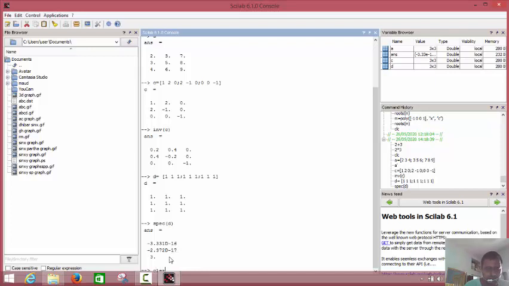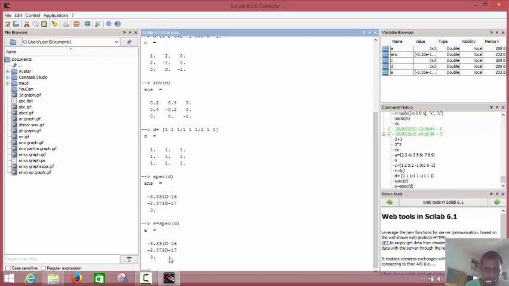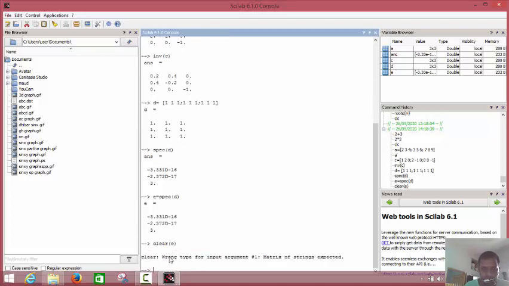To clear the values, we define another matrix E equals clean of spec D, and we clean the values.